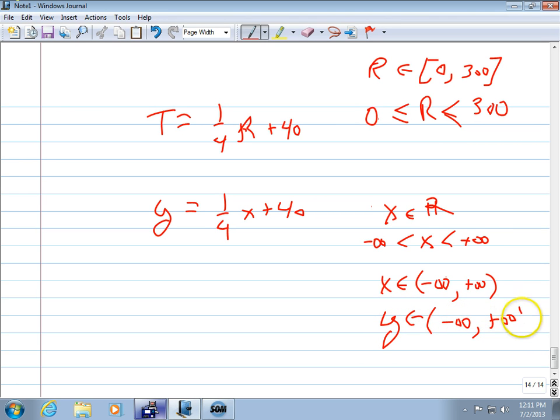But does that make sense in the context of it's not y, it's T, the temperature? Right? What do you think the range is for T? The range for y is all real numbers. That's fine if you draw the whole line, right? But that's not a cricket.